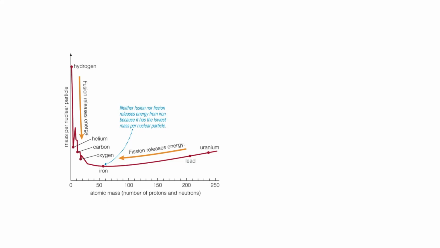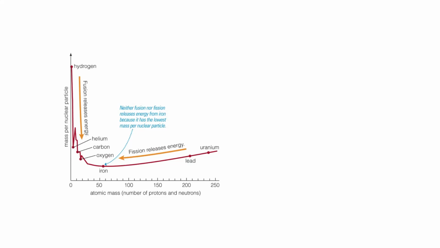So when these 4 hydrogen fuse into helium, some of that mass can be converted into energy, and that sustains the star. The same thing happens when helium is converted to carbon. We need 3 helium atoms to make 1 carbon atom. The 3 helium atoms combined have more mass than 1 carbon atom, so when they fuse into carbon, some of that mass gets converted to energy.